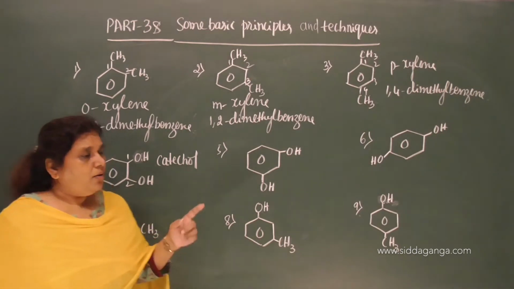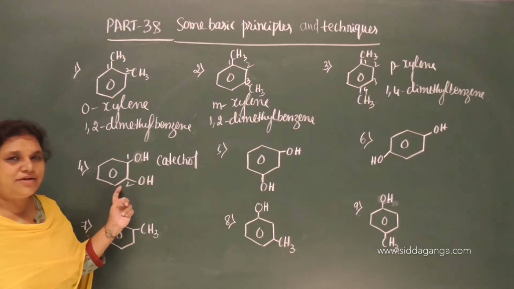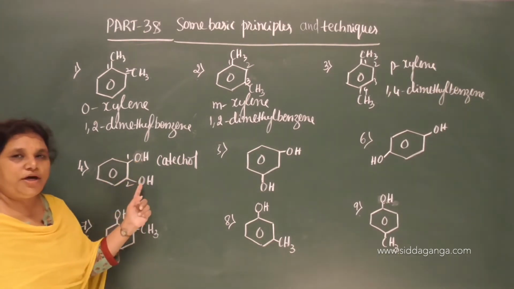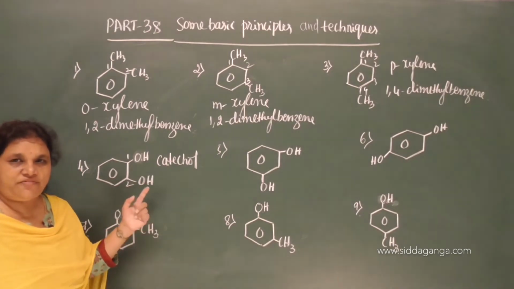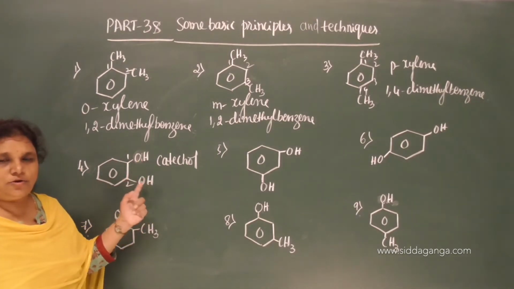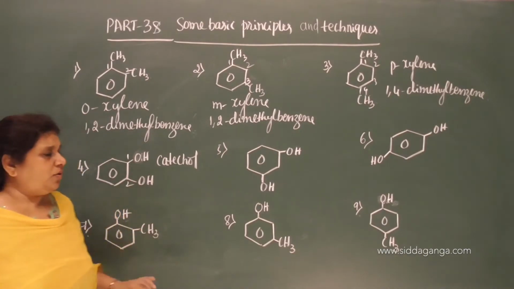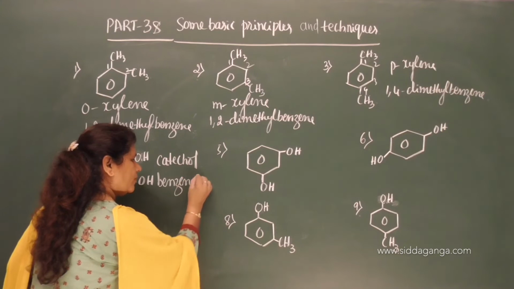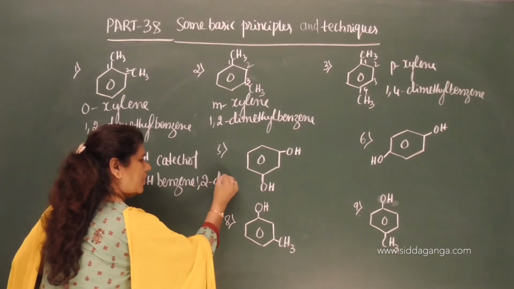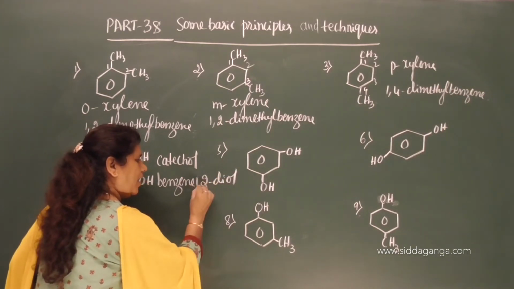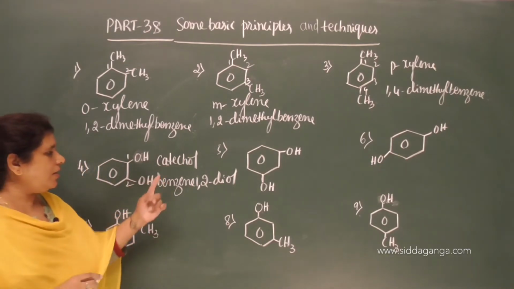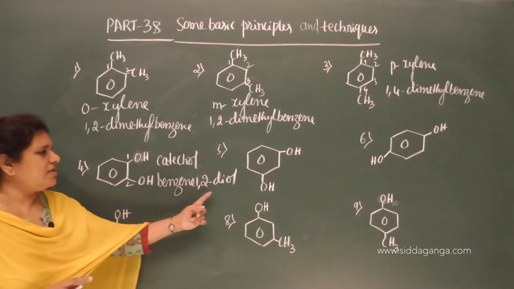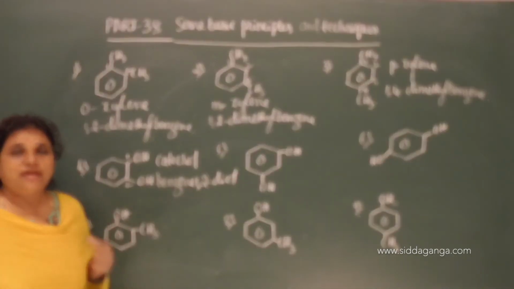Correct? What is the root word? Benzene is the root word. Benzene 1,2, two OH groups are there. You can use the prefix di, diol. So benzene-1,2-diol is the IUPAC name. Catechol is the common name.